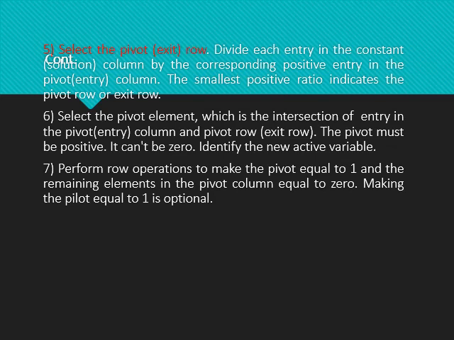Divide each entry in the constant column by the corresponding positive entry in the pivot column.